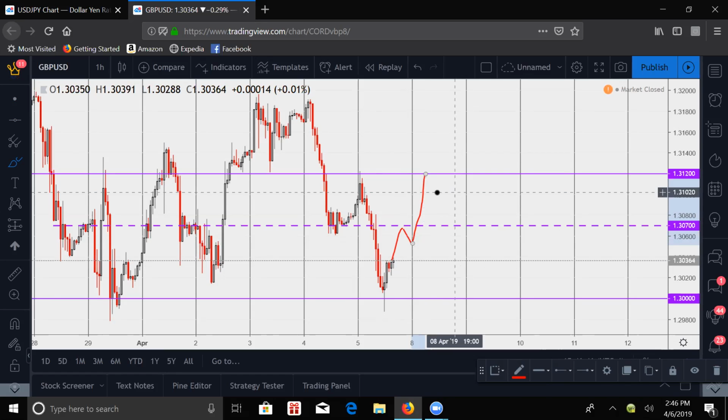Obviously the way that GU moves, it moves a lot. So I don't think this move will take an all-week thing. I feel like this could happen in the first part of the week, whether it be rejected off this area and go back down, or up here.